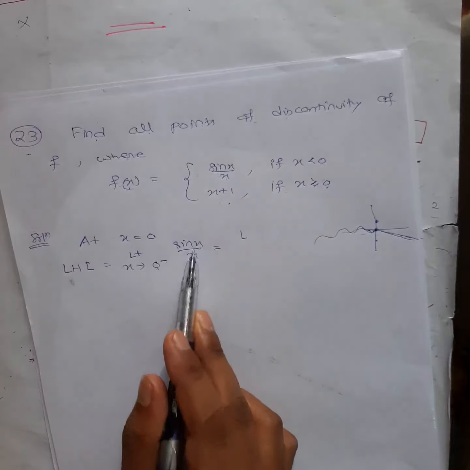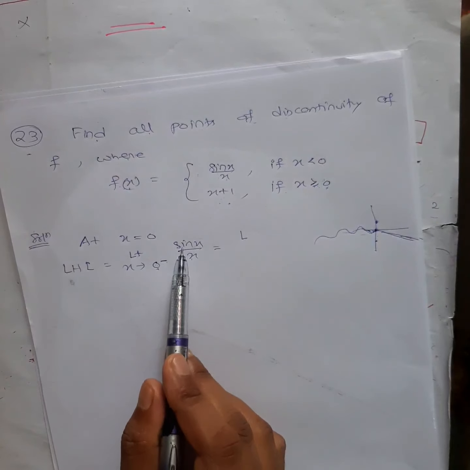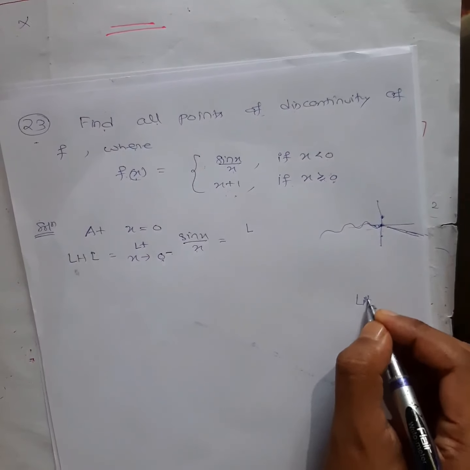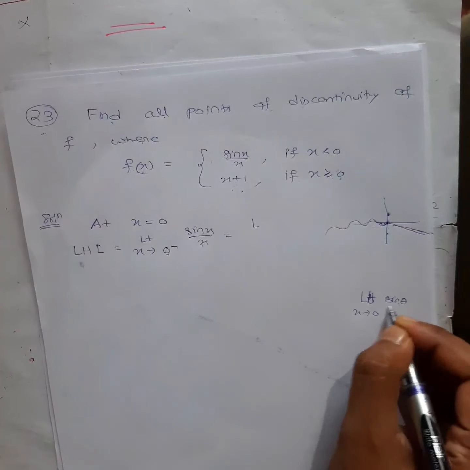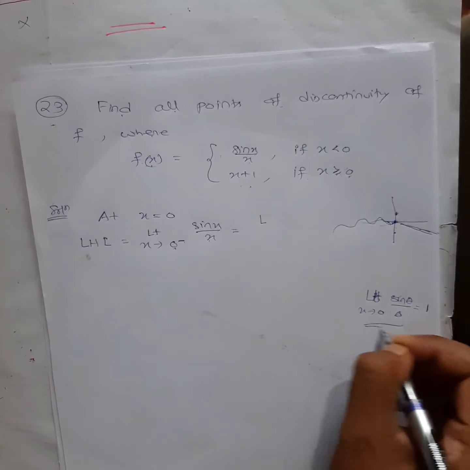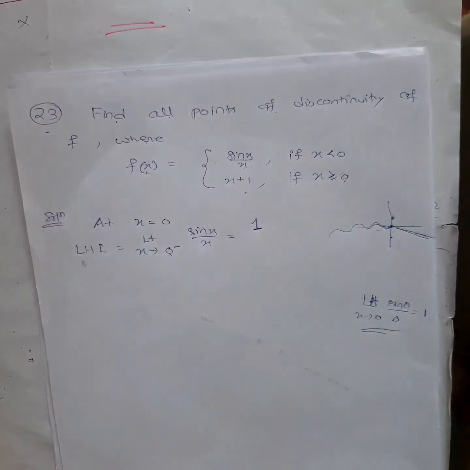You cannot put 0 directly. Remember, in class 11 we did limit x tends to 0 of sin theta by theta, which is always 1. So this will come out to be 1 directly.